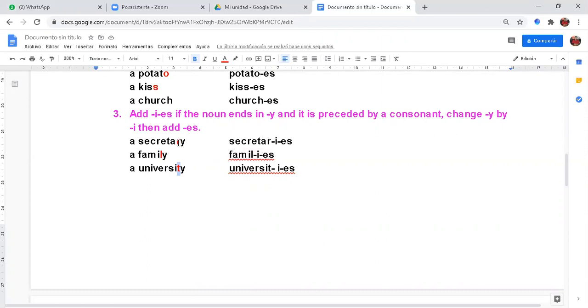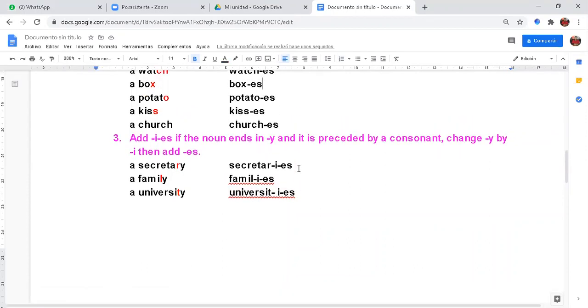R, consonant, Y, it's preceded, so secretaries. After that, ES. Family, the same, families. A university, universities. Okay, that is the 3 rules.